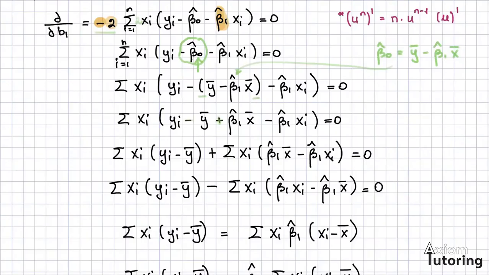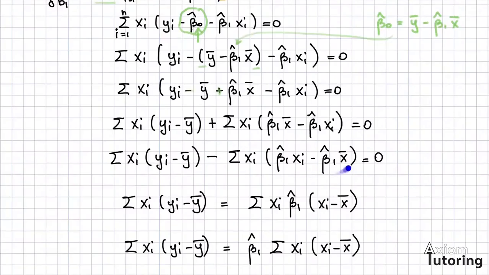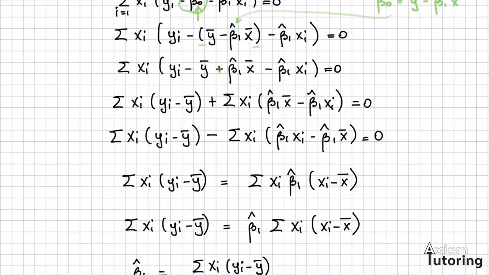So instead of having beta 1 hat x bar first, we want to have beta 1 hat xi first, which means by flipping them, we switch the signs, and in front now of the summation notation, we're going to have a minus. Then we simply send this entire element on the other side of the equation, so it's everywhere with pluses.